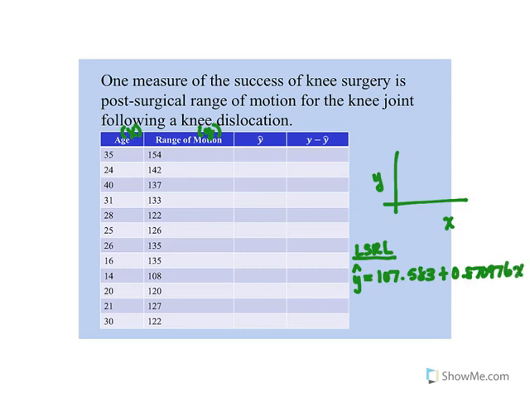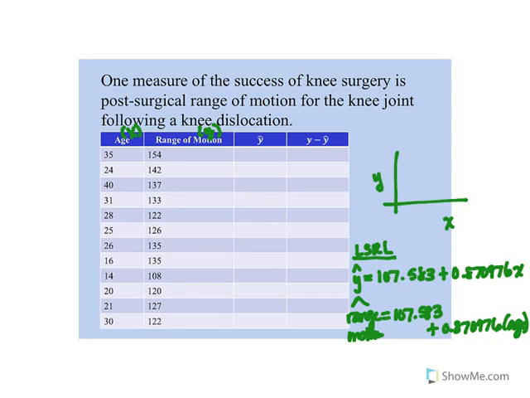Or in terms of our variables, it's our range of motion hat equals 107.583 plus 0.870976 times the age. The age is our explanatory variable, and the range of motion is the variable that we're measuring, or our response variable.